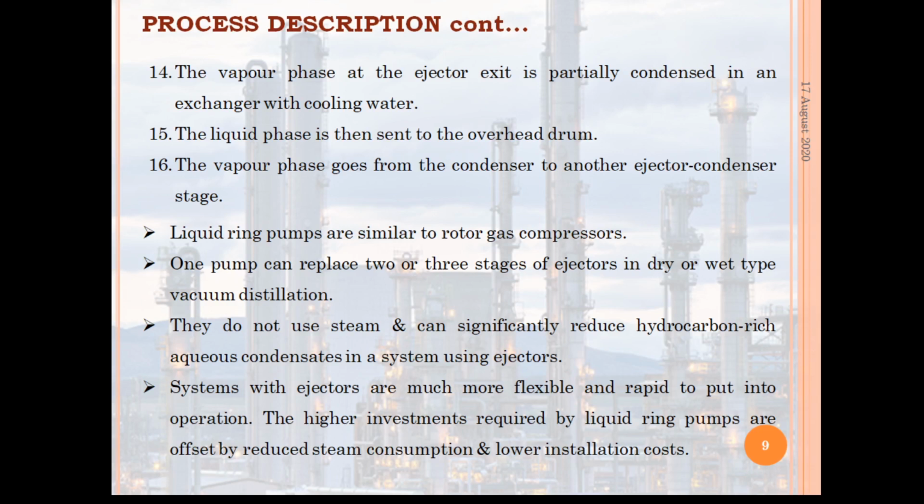The partial condenser helps us to create system equilibrium conditions. So whatever vapor phase exits the ejector is partially condensed, and this liquid phase is then sent to the overhead drum.